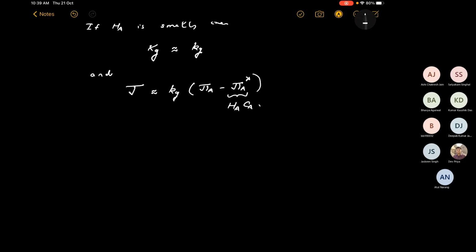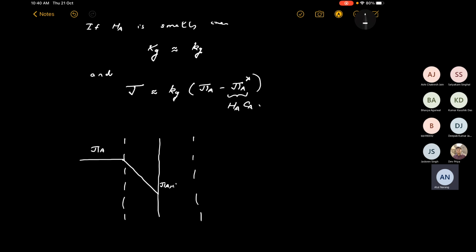Okay. So if the gas is highly soluble, as it makes sense, then the resistance shifts to the gas side. So now you will have the picture. Here you will see a sharp drop, and this is pi a, and this is pi a I. But here, let's say it's CAI, the interfacial concentration, but there'll be nothing here.